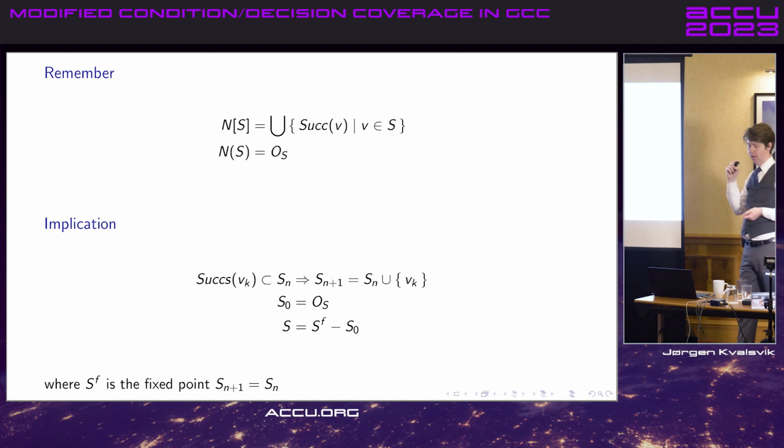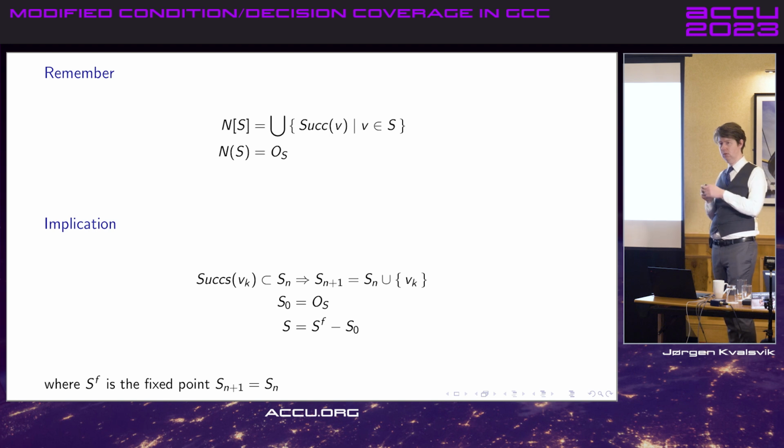So I figured out a way to determine which terms will now be affected. And it turns out it can be neatly described as a fixed point. So we want to find a fixed point where all of the successors of a node are in the set.